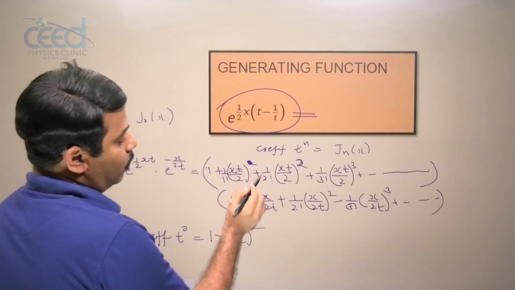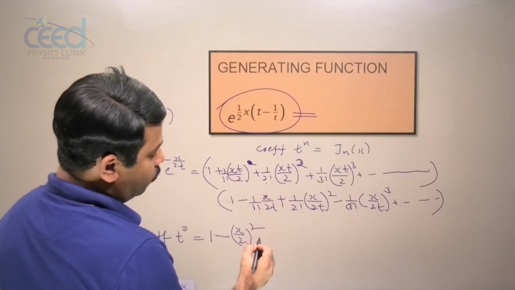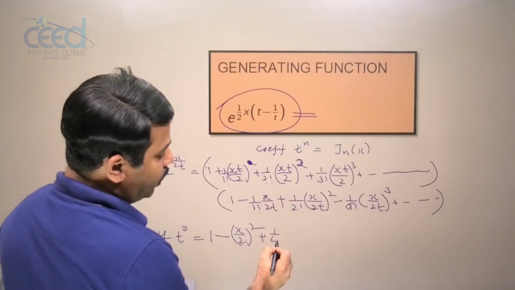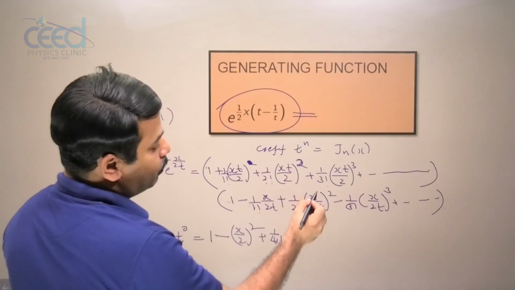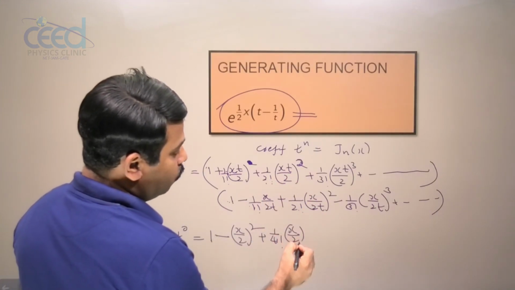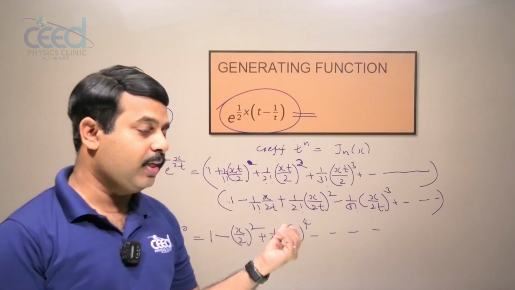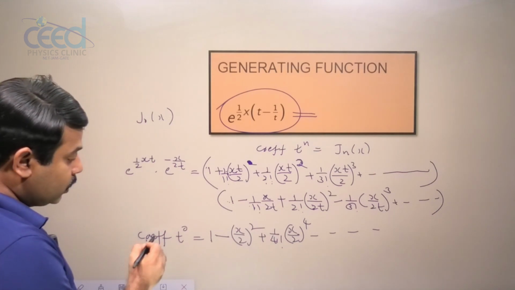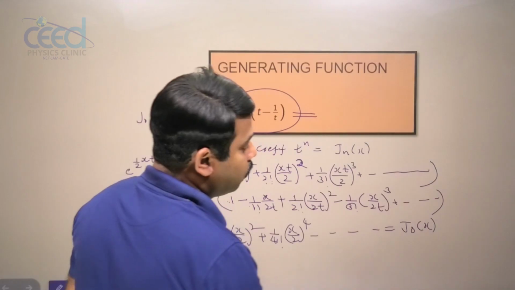Then this into this: 1 by 2 factorial into 1 by 2 factorial, that is 1 by 4 factorial, into x by 2 square into x by 2 square, that is x by 2 whole raised to 4. This we previously studied as J0 of x. Then the coefficient of t raised to 0 is equal to J0 of x.